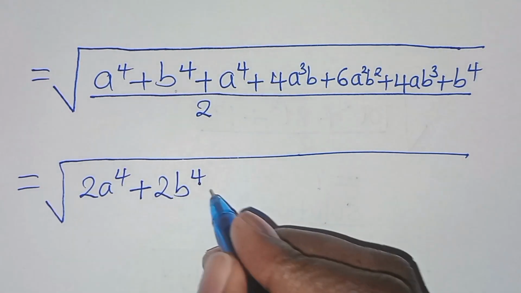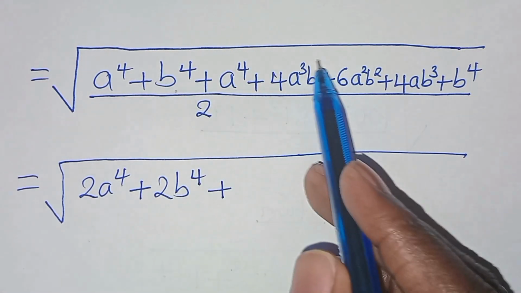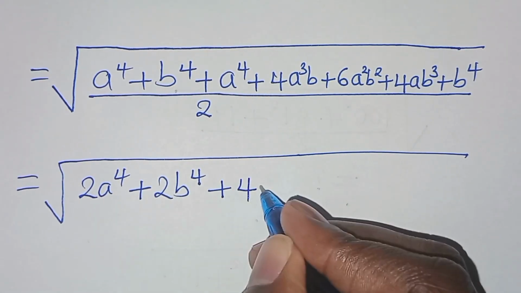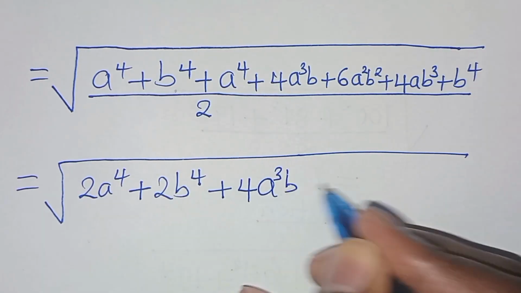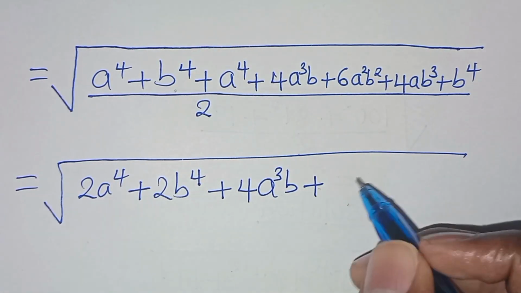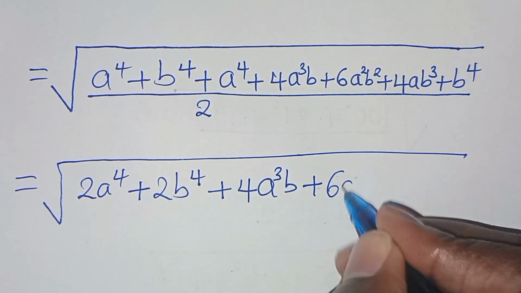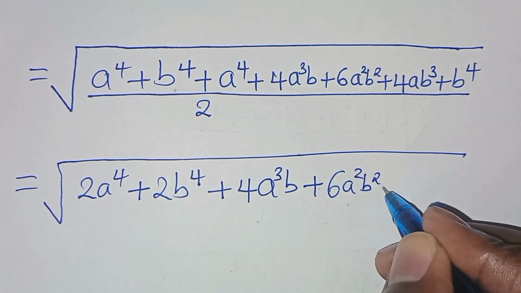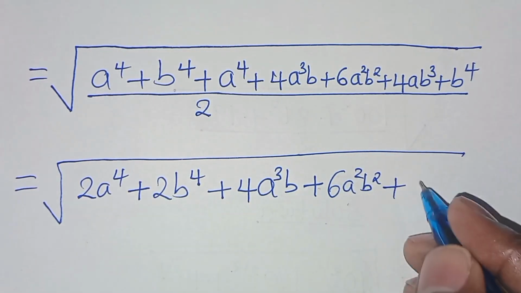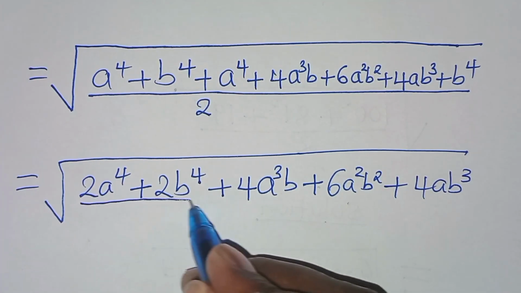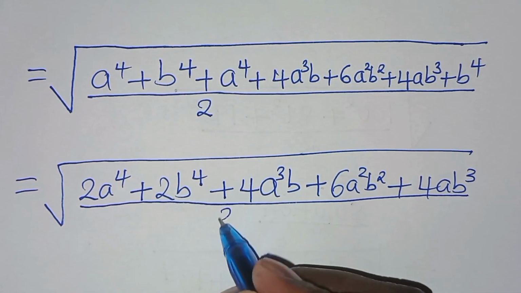Then we have 4 A to the power 3 B, then plus 6 A squared B squared, then plus 4 A B to the power 3. Everything here divided by 2.